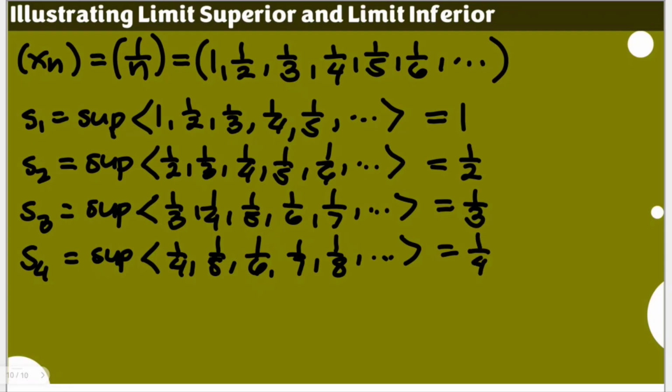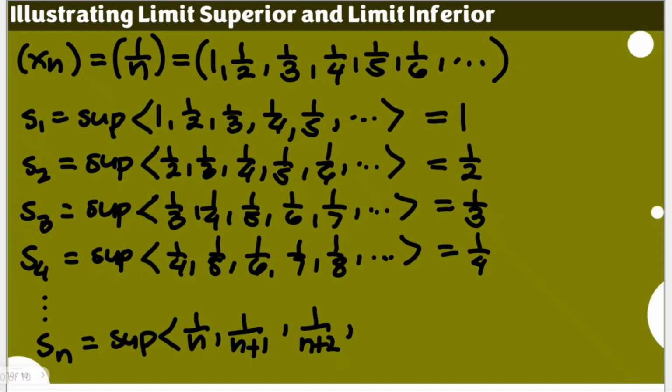If you would like to continue with the rest, let's say s sub n, we'll get the supremum. Of course, you will get values of 1 over n, 1 over n plus 1, 1 over n plus 2. As you start with 1 over n, the supremum of that is actually equal to 1 over n as well.